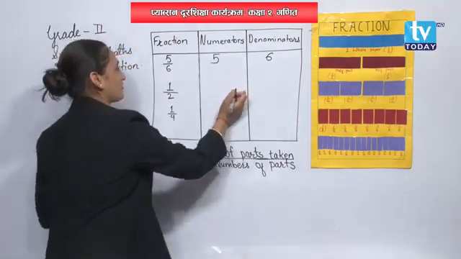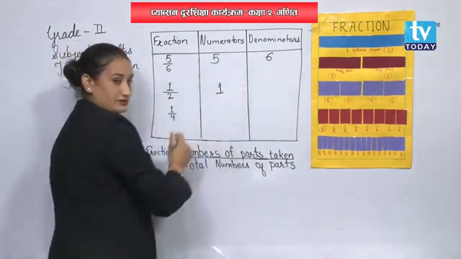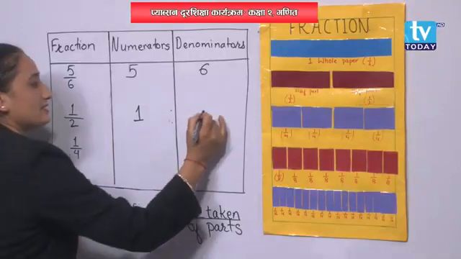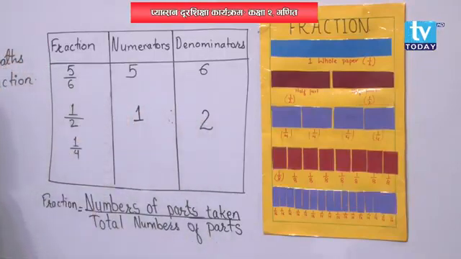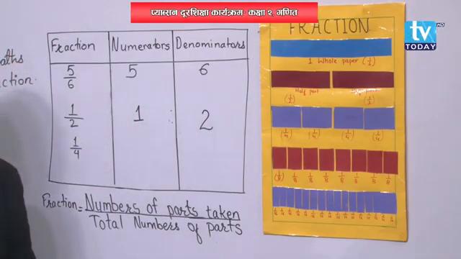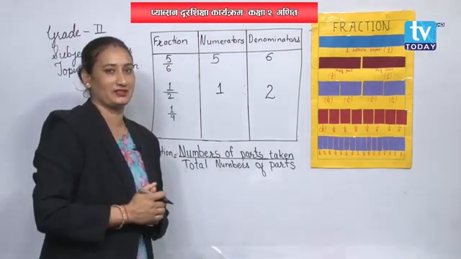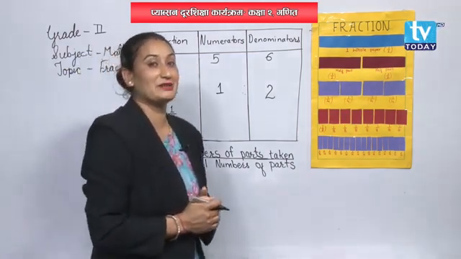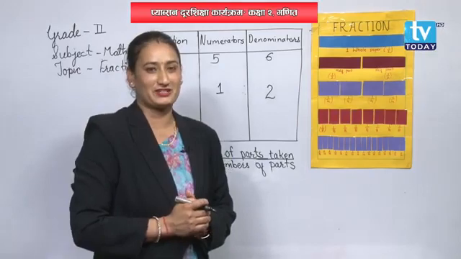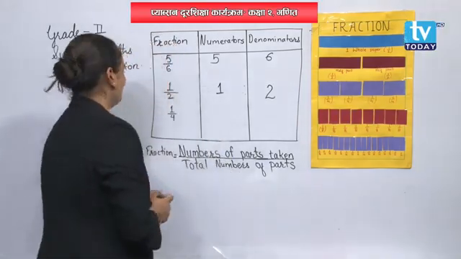So write down here 1 as a numerator and 2 as a denominator. So that means out of 2 pieces of pizza, 1 I have taken, 1 is still left, or a piece of a Dairy Milk chocolate. Which one do you want?